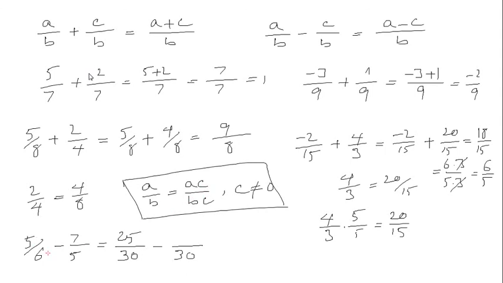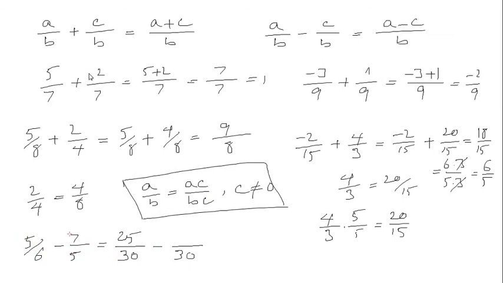Now, for this other fraction, the negative here I just carried over. And for this other fraction, I multiplied the denominator by 6 to get this 30 here. I do the same thing for the numerator.